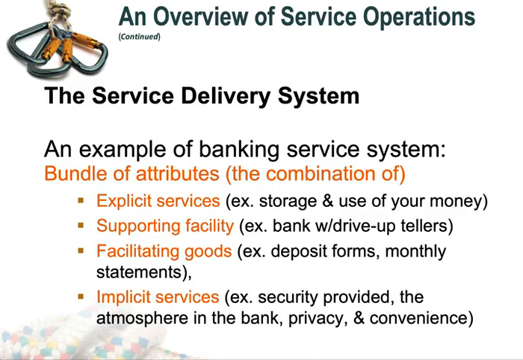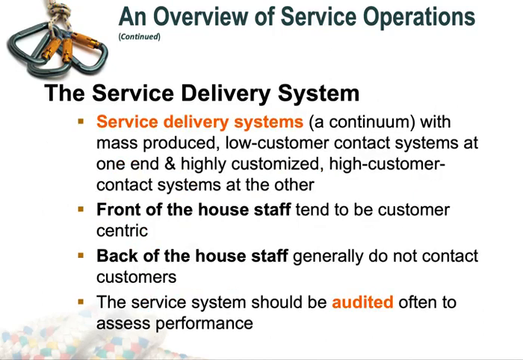Yeah, security, atmosphere in the bank, cleanliness of the bank, privacy and convenience. So all are attributes as a bundle of banking service. So banking service is not just storing or depositing money, but also more than that. Okay, beyond that, including the security and etc.